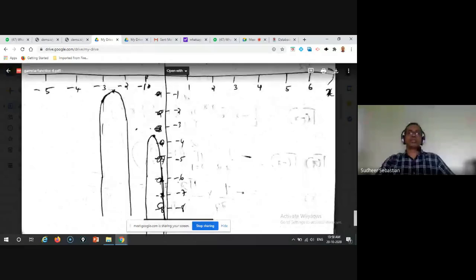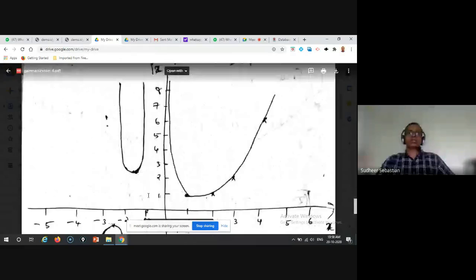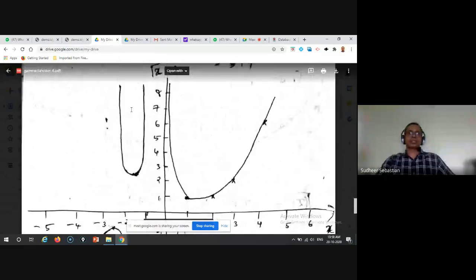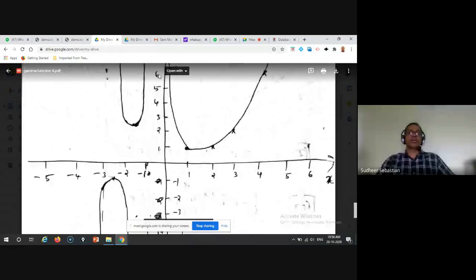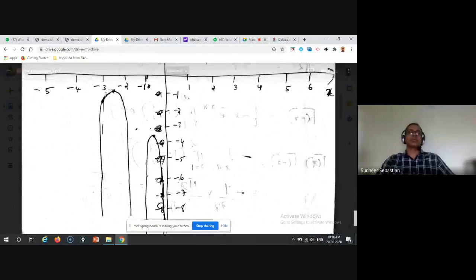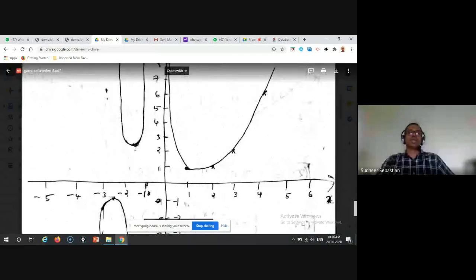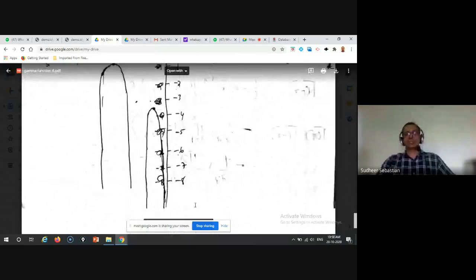Between minus 1 and minus 2, the variation is like this. Between minus 3 and minus 2, the variation is this. This is how it is varying.